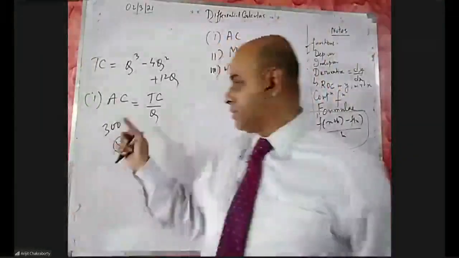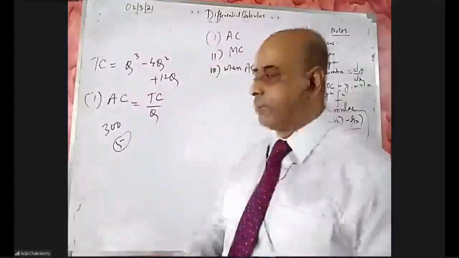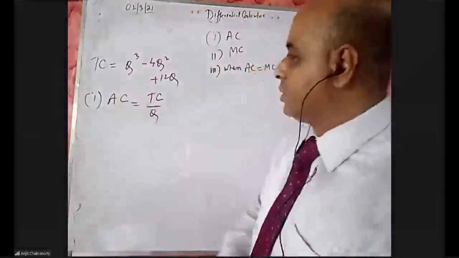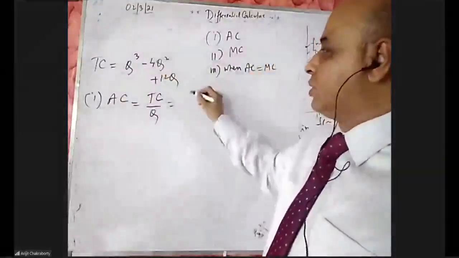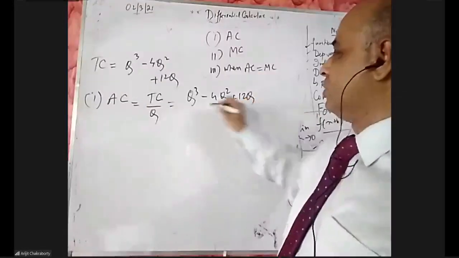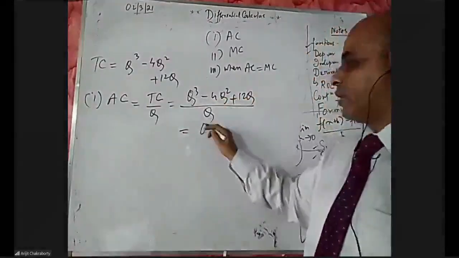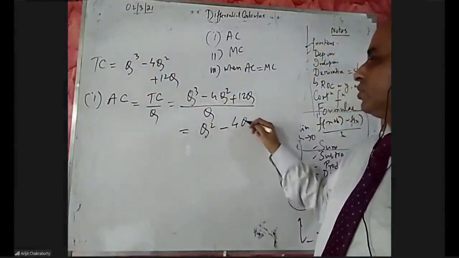How do you get it? 300 by 5. So total cost by the quantity will give you the average cost. So this is equal to Q cube minus 4Q square plus 12Q divided by Q, which gives Q square minus 4Q plus 12.